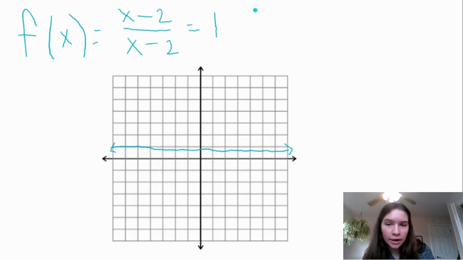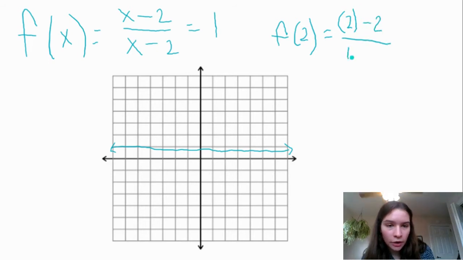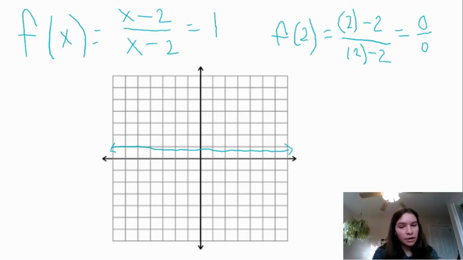However, if we plug in, let's say, f of 2 equals 2 minus 2 over 2 minus 2, we get 0 over 0. So that's going to be undefined. So then we know that it's not continuous all the way through. At x equals 2, there is going to be a hole. It's going to be undefined right here.